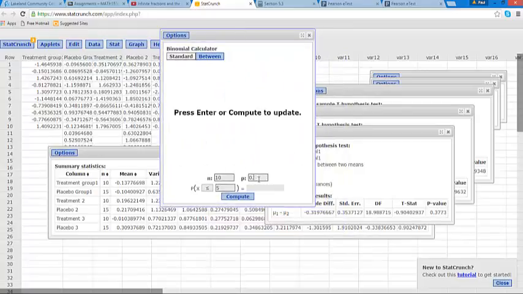My P is only 0.1, my probability of success. N should be 20. And what I'm computing here is the probability that X equals, say, 0.